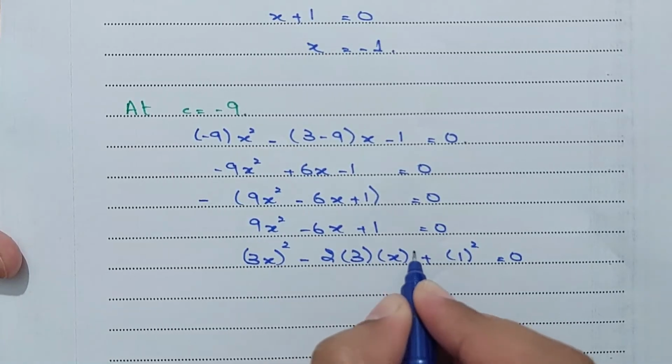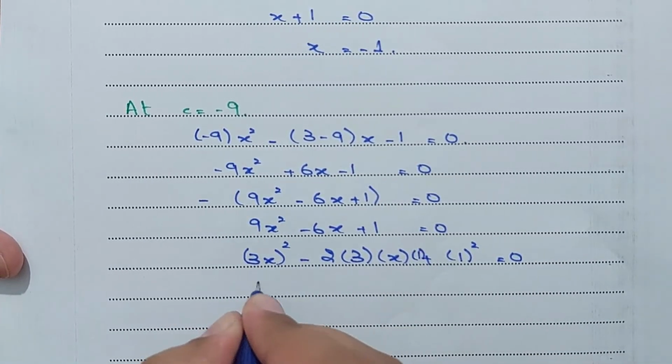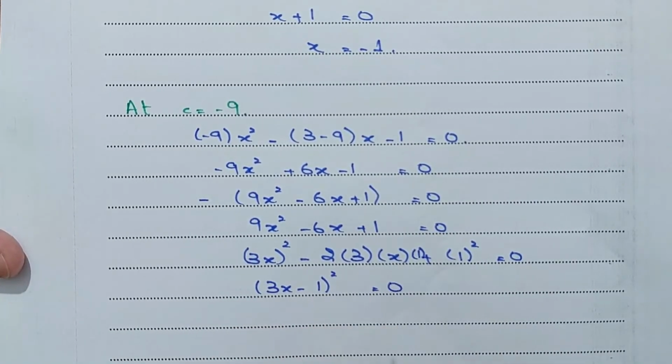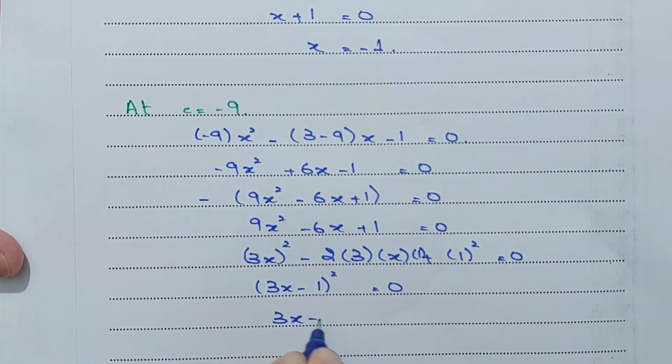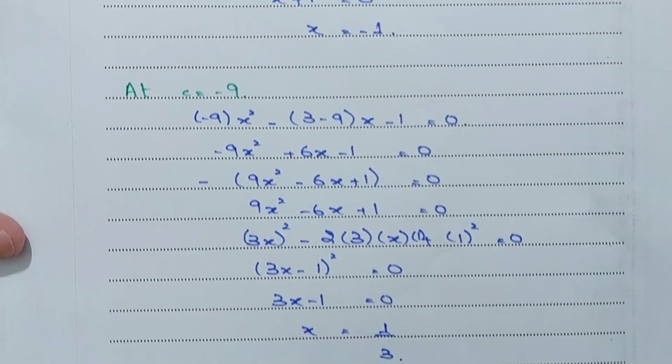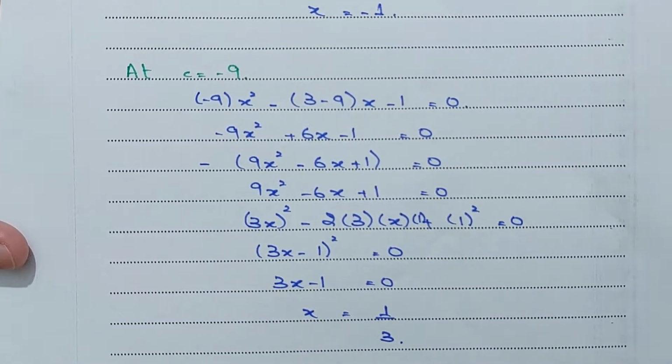Sorry, a is 3x and b is 1 over here. So this is 3x minus 1 whole square. Or we can say 3x minus 1 equals 0. So from here x would be equal to 1 over 3. This is the second x coordinate of the point where the tangent touches the curve.